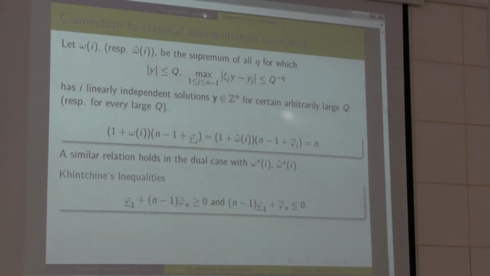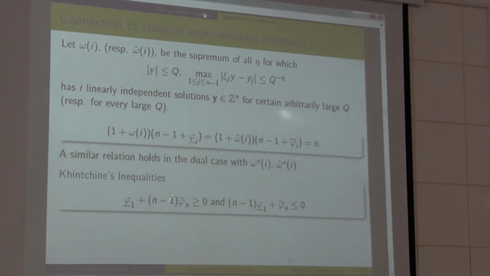Let's see now what we can do with those approximation constants. Well, first of all, we have some well-known relations between these approximation constants, and we may rephrase them in terms of phi, which shows you here, for example, Khinchin's inequalities, that they have a very easy to remember form. Because phi sub 1 underlined is the least of the approximation constants, and it's always negative or 0.